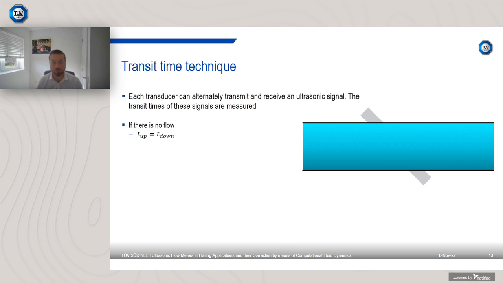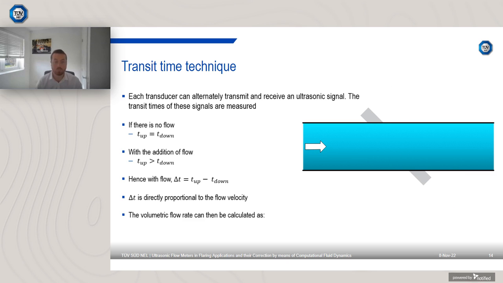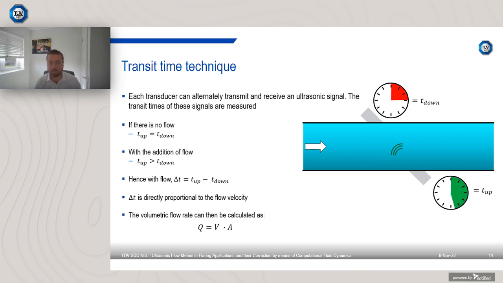So if there's no flow, the time it takes for the signal to move downstream and the time it takes the signal to move upstream is the same. But with the additional flow, the time it takes the signal to move downstream is quicker than the time it takes the signal to move upstream.